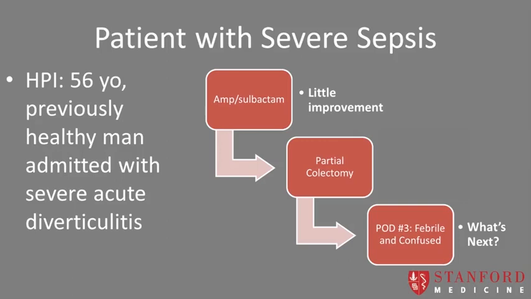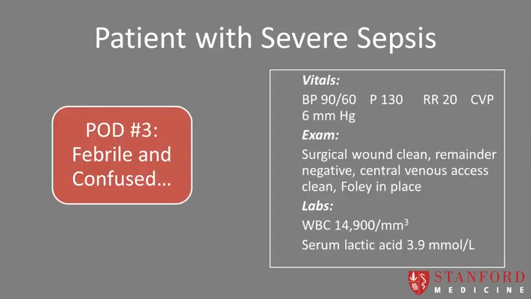The ampicillin sulbactam was continued, but on the third postoperative day, he developed confusion, fever, leukocytosis, tachycardia, and hypotension. Blood pressure was 90/60, pulse 130, the respiratory rate was 20 per minute, and his central venous pressure was only 6 millimeters of mercury.